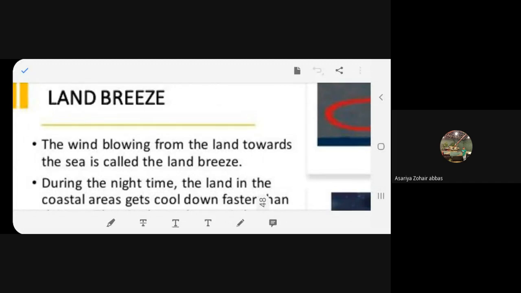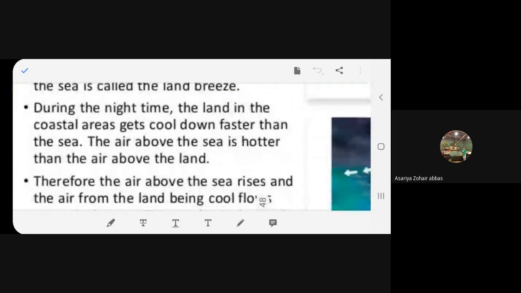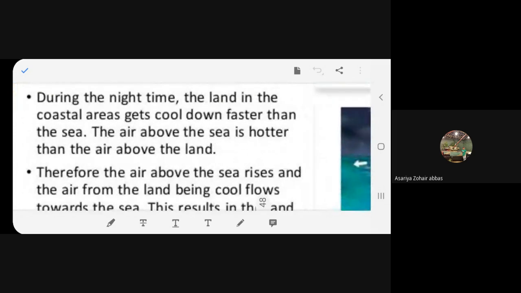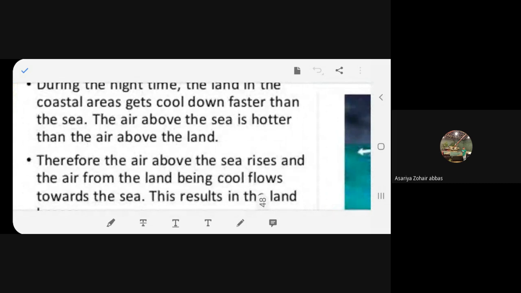Start reading. Land breeze. The wind blowing from the land toward the sea is called the land breeze. During the night time, the land in the coastal area gets cooled down faster than the sea. Read properly. The air above the sea is hotter than the air above the land.